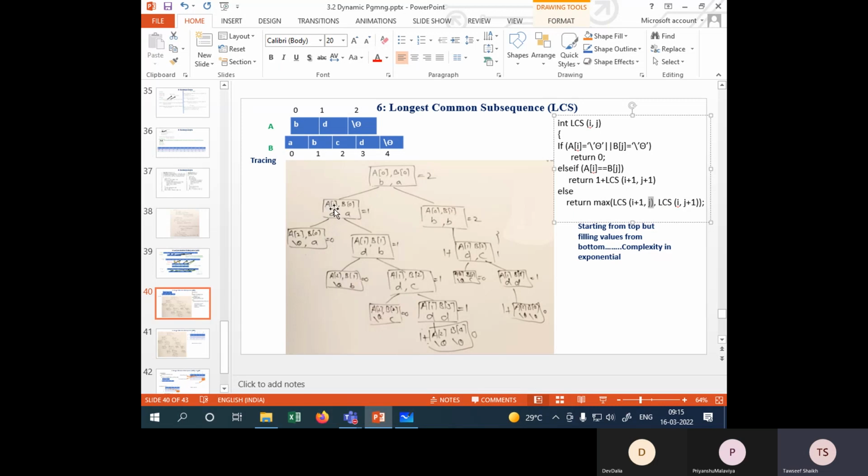It will again make one more recursive call, LCS of i, which was initially 0. Keep i as such, increment j by 1, so j will become 1. That's why I am writing it here on the right hand side, A of 0, because I am not changing the i-th parameter, but I am changing the j-th parameter, which is B of 1.